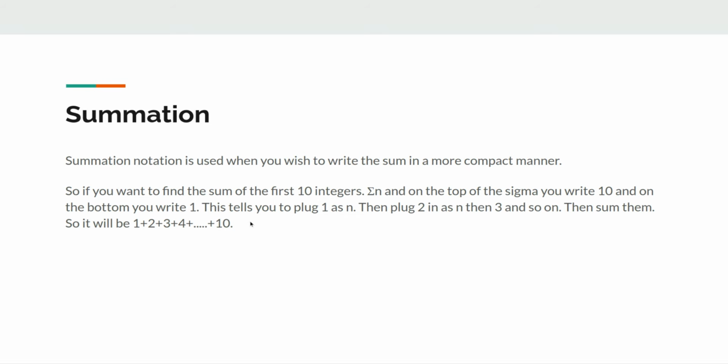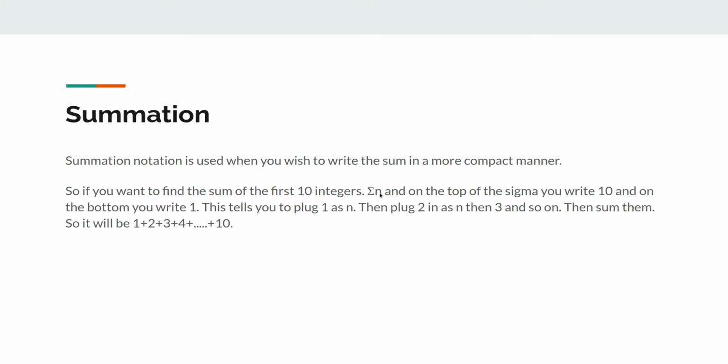Okay. Then there's summation notation, which is used when you want to write the sum in a more compact manner. If you want to find the sum of the first 10 integers, you would use this notation, called sigma. On the top you write 10. On the bottom you write n equals 1 because that's where you're starting, and next to it you write n.